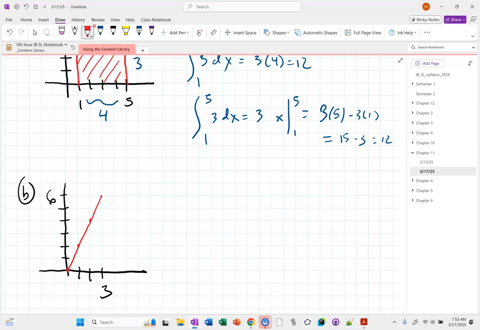We're going from 0 to 3 then. That's my area. What shape is that? How do you find the area of a triangle? 1/2 base times height. The base here is 3 and the height is 6.